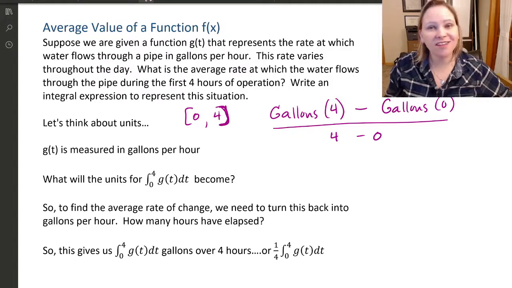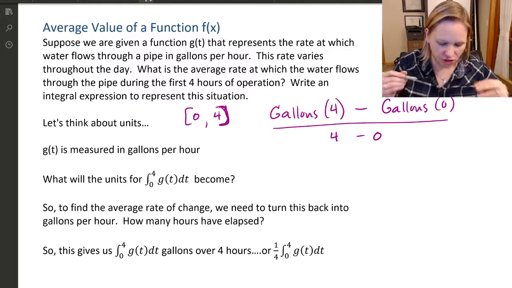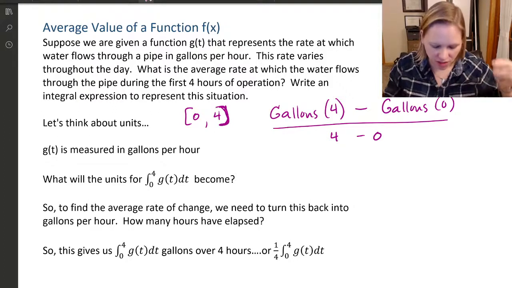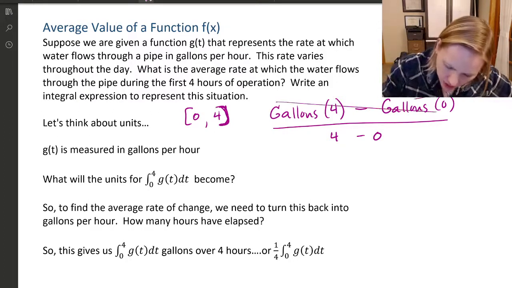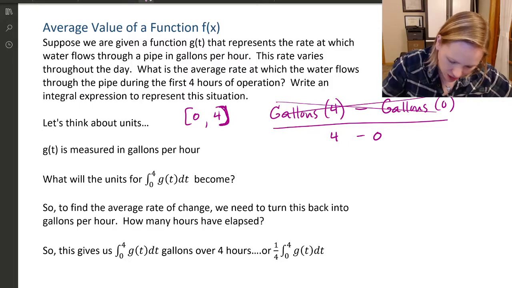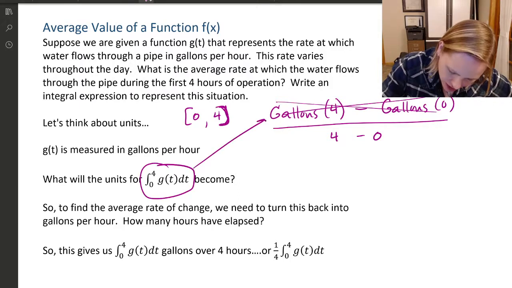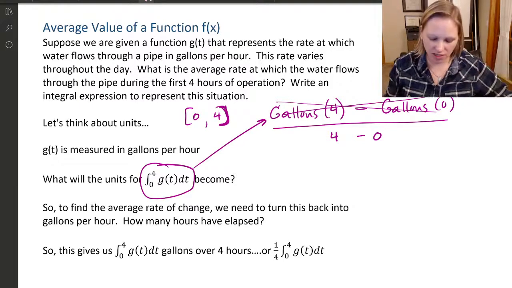Now, this gallons at 4 minus gallons at 0, let's think about this in terms of units and integrals. If g of t, lowercase g of t, is the rate, gallons per hour, then to find the number of gallons, I'm not going to go through this trouble. I am going to write it as an integral. This integral right here represents what I would get when I say gallons at 4 minus gallons at 0.